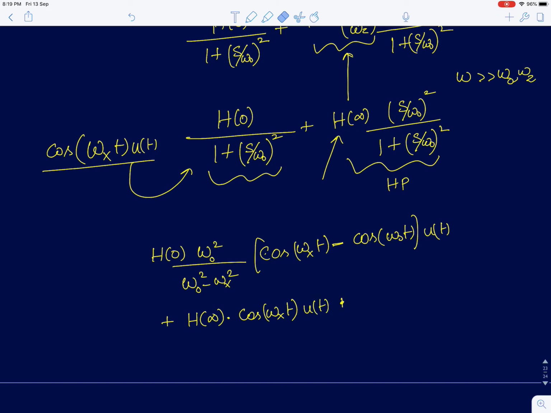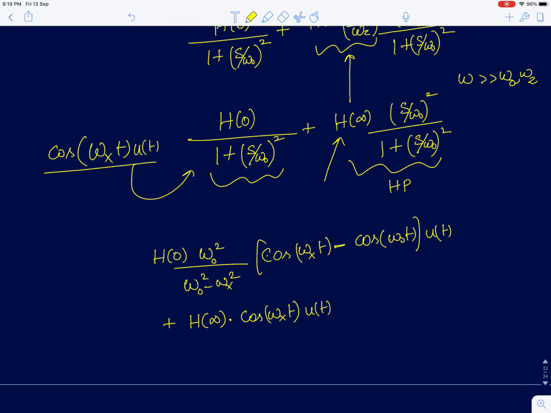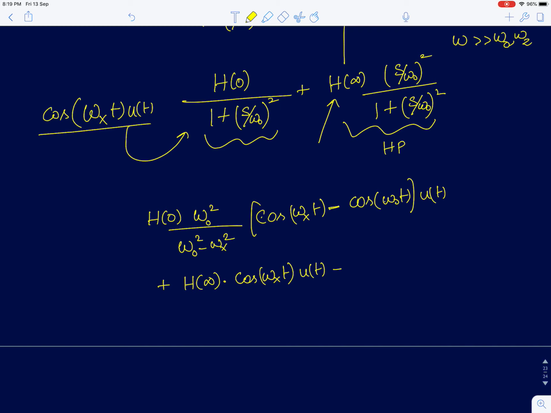Plus, this is minus, we have already done this result in the previous problem, so I'm just directly going to quote those results. So you get h of infinity into omega naught square by omega naught square minus omega x square into this whole term here.